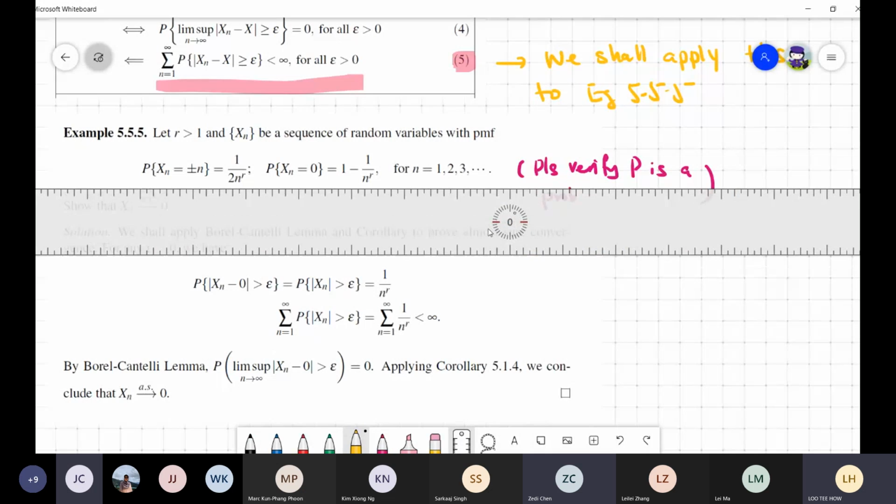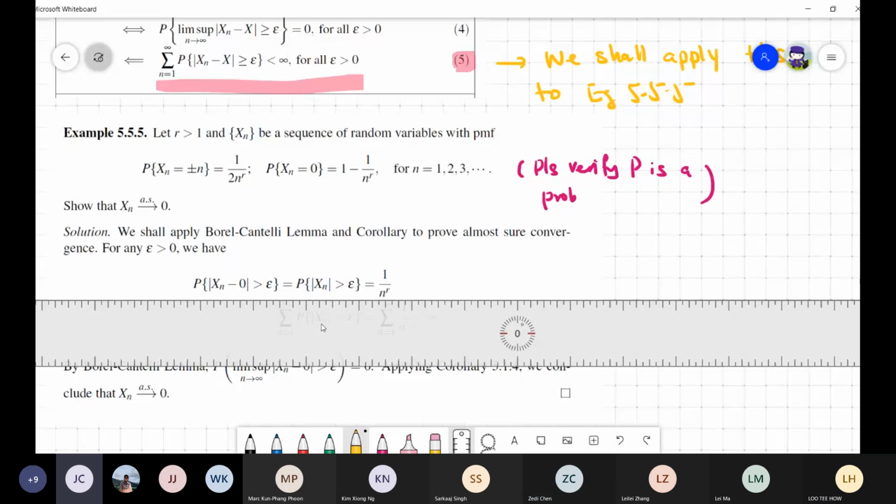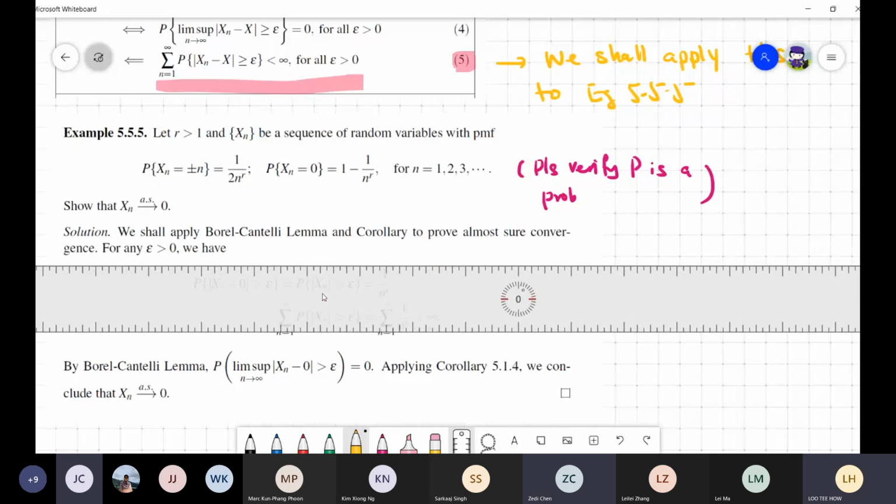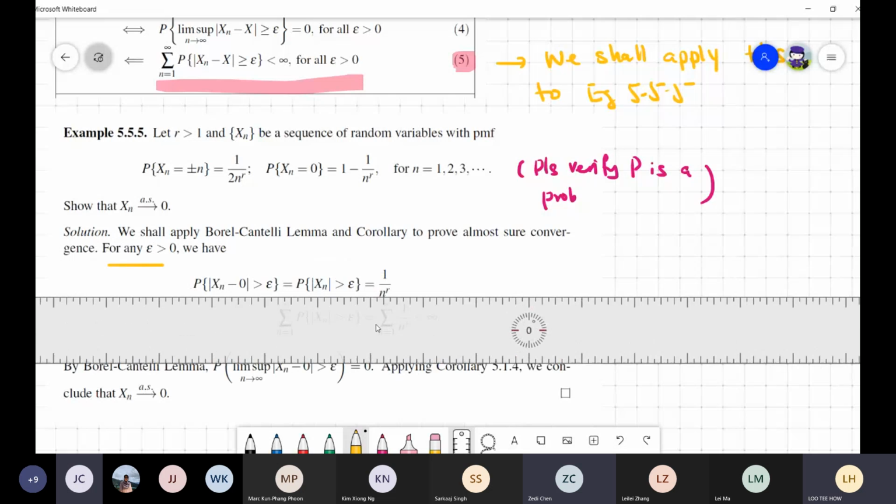Again, this is the definition for the probability measures. We apply the Borel-Cantelli lemma to prove the almost sure convergence. We begin with this: for any positive epsilon, P of Xn greater than epsilon will be P of Xn greater than epsilon, and this is 1 over epsilon.